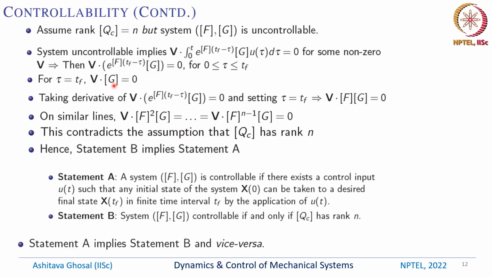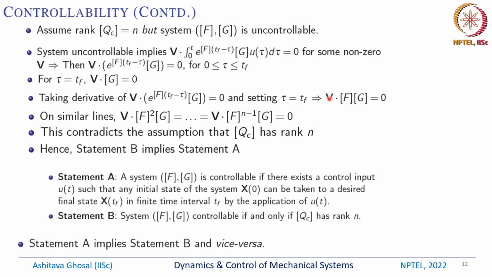Okay, but so, we assume that QC has rank n. But we are showing that there is a vector V such that V dot G equals 0, V dot FG equals 0, V dot F squared G equals 0, and so on. So hence there is some non-zero V such that with this system, I cannot reach that.